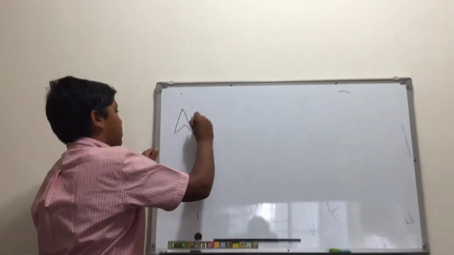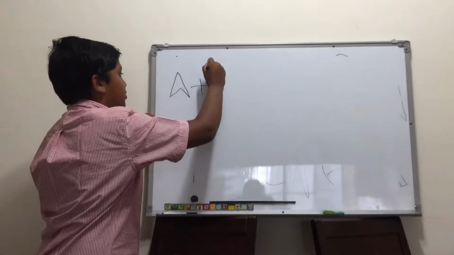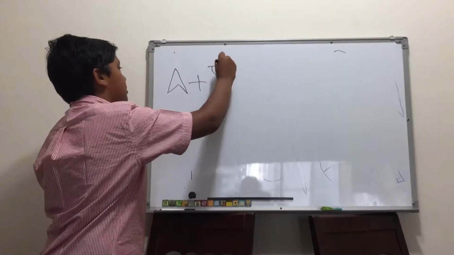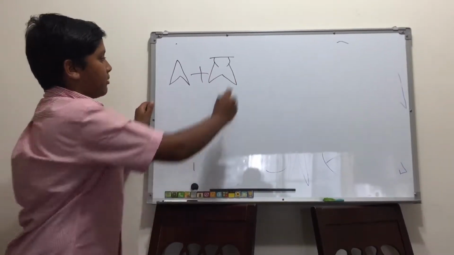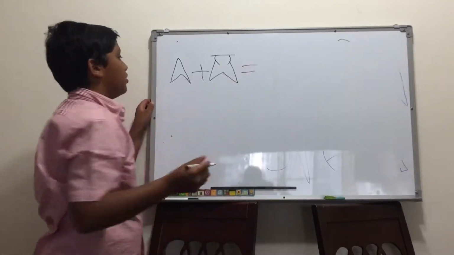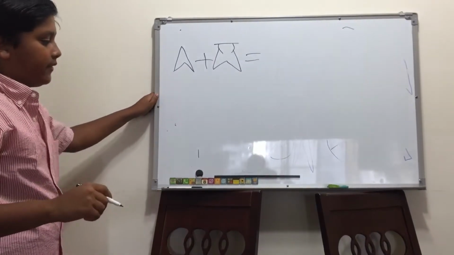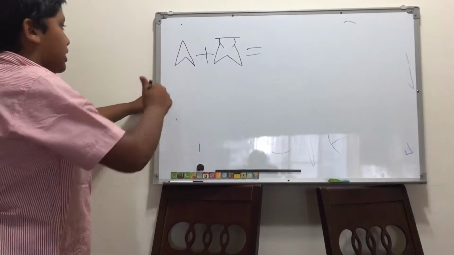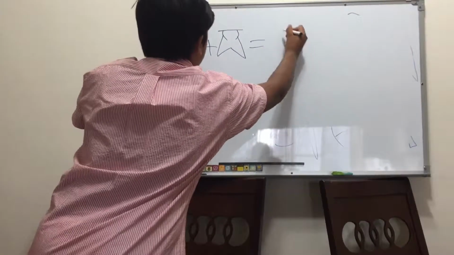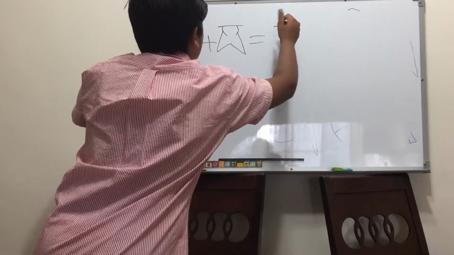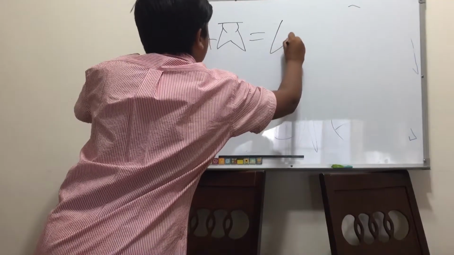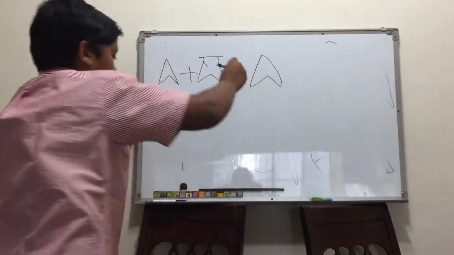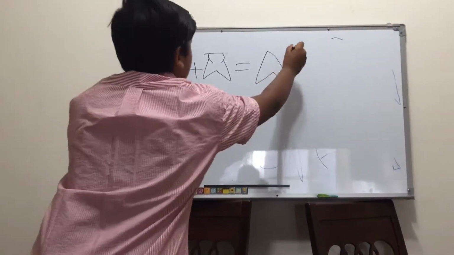So if you add 1 to 2, so this is 2. So in my number system, there's no 3. So instead of 3, it's going to be joined together. So it's going to be written like this. And now they get connected.